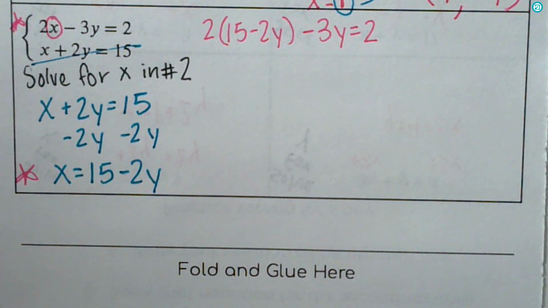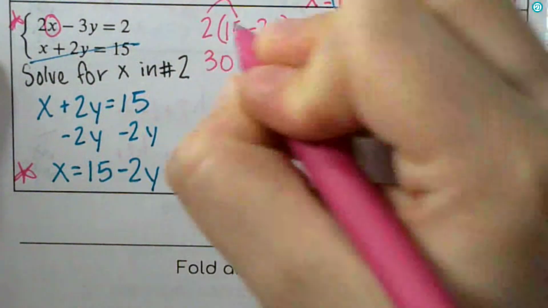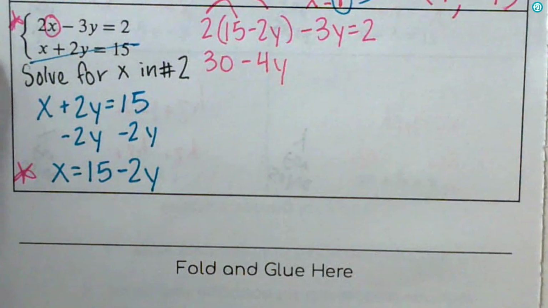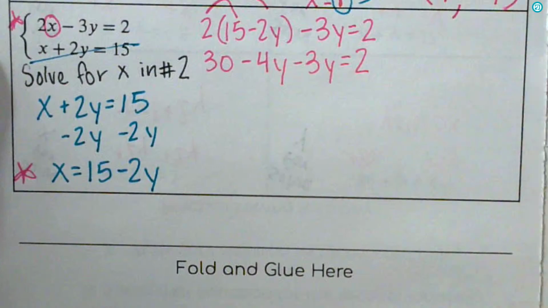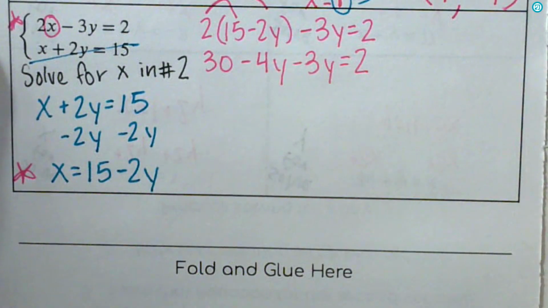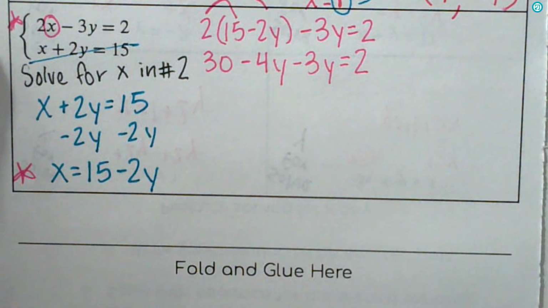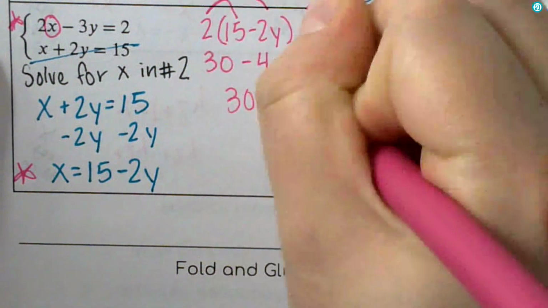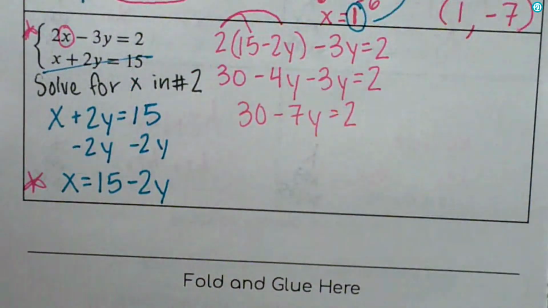Okay, we can distribute, combine like terms and solve. So 2 times 15 is 30. 2 times negative 2y is minus 4y. And I still have minus 3y equals 2. I can combine together my negative 4 and my negative 3 to be negative 7. So I've got 30 minus 7y equals 2. If you wanted to put negative 7y plus 30, you could. It's the same thing.